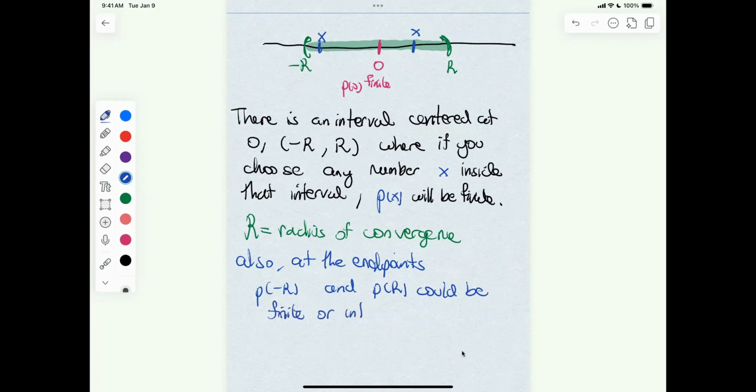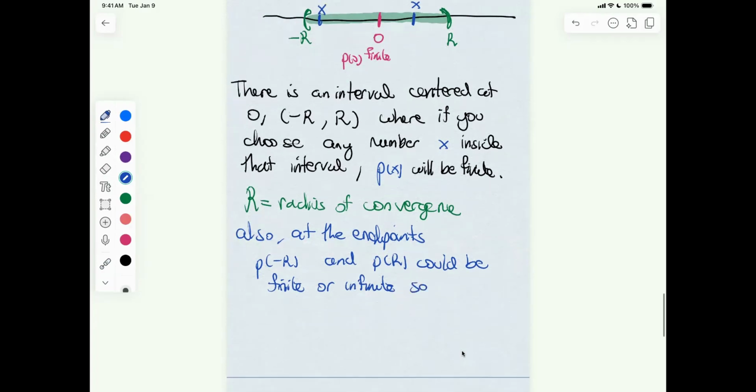So this only works well on the interior of the interval. You have to test the endpoints separately. The endpoints must be analyzed separately.